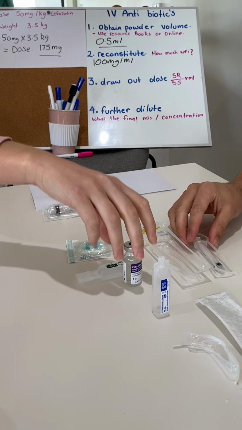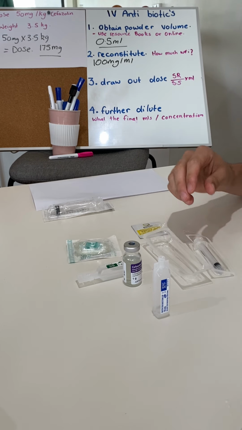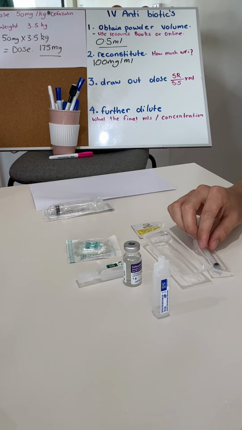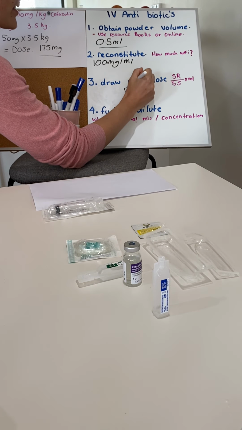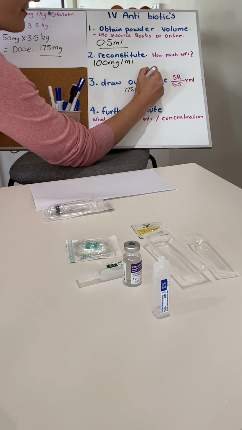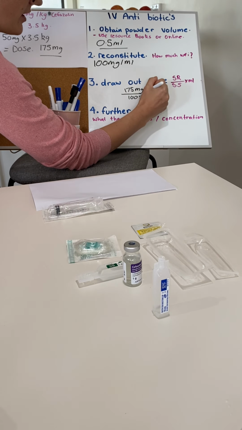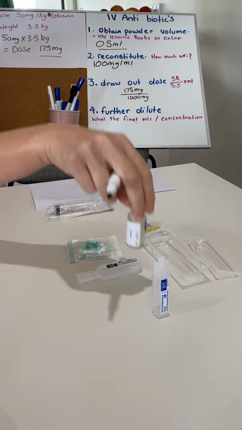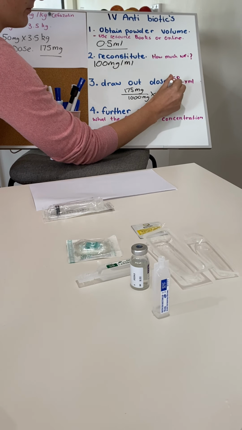The next job is to figure out how much of this we are going to need. We know our dose and we know our concentration, so we can go back to our what you want over what you've got formula. What we want is our dose, which we know is 175 milligrams, and what we've got is 1,000 milligrams, because we've got our 1 gram vial, and we've added a total of 10 mils of volume.